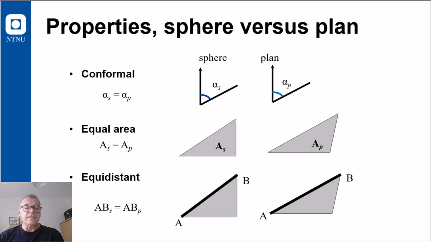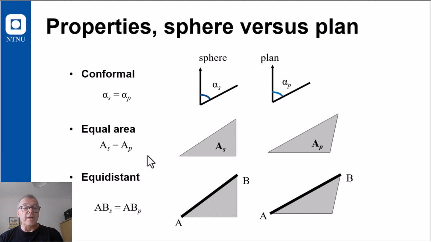And a map projection is typically designed to provide one of the following properties: conformal, that means that a bearing, an angle towards the north direction, is the same if you measure that on a spherical surface or on a plan map. And this is very useful for navigation.